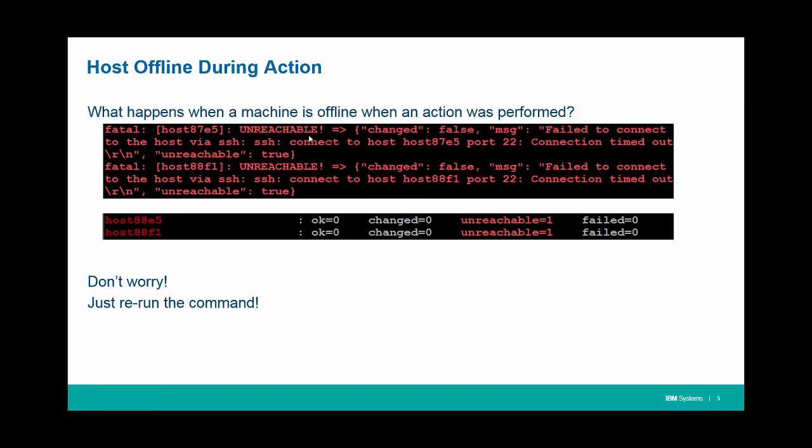Perhaps it was rebooting, or maybe it was down at the time. In the summary, you'll see something like this, where it shows the host name and unreachable=1. That's okay, this is an Ansible playbook. You can just rerun the command again, and as long as these machines are up and running, it will pick it up and do what it needs to do on those machines. That's perfectly easy to recover from.